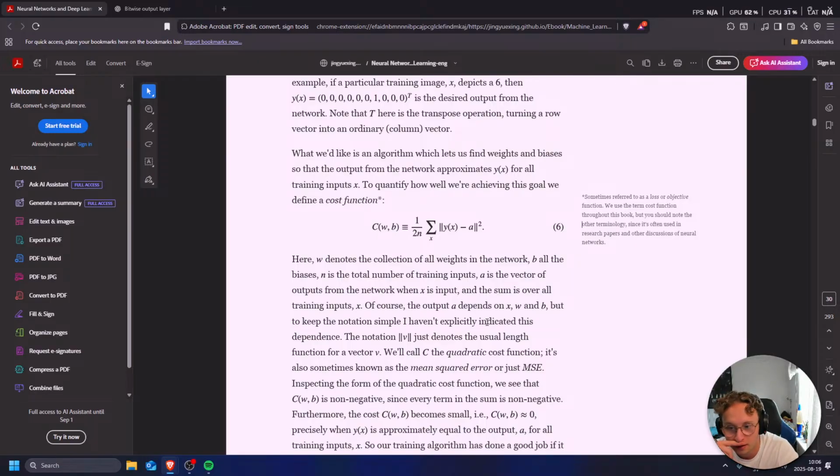It's also sometimes known as the mean squared error. But why didn't they just say that? That would be a lot easier for me, because I have done statistical math before.